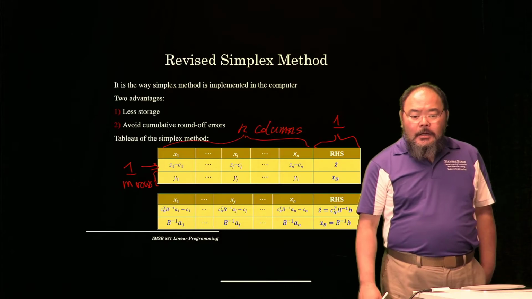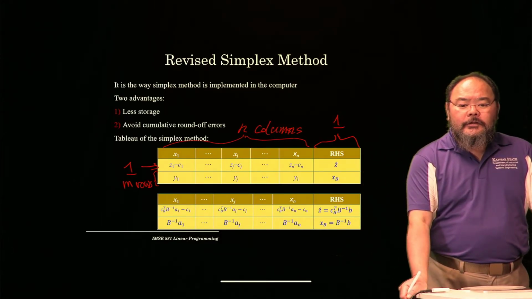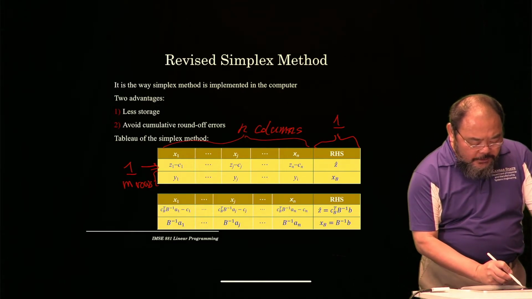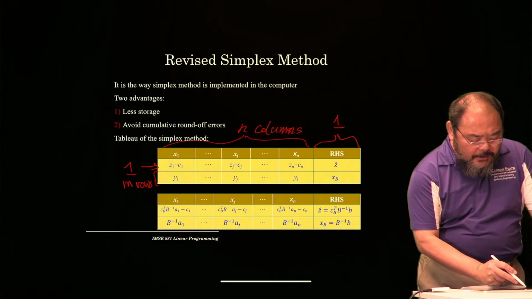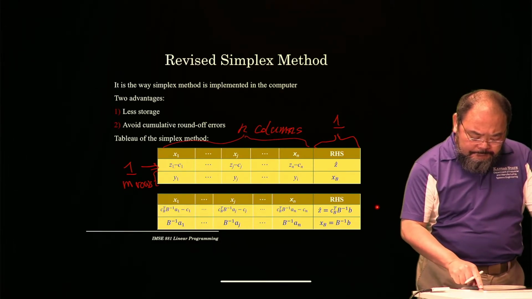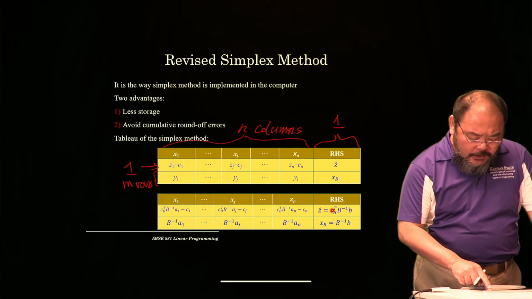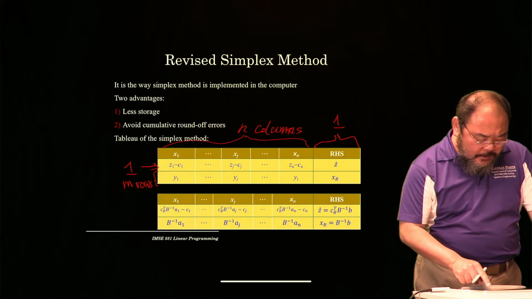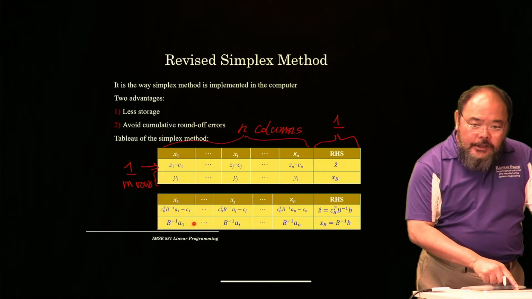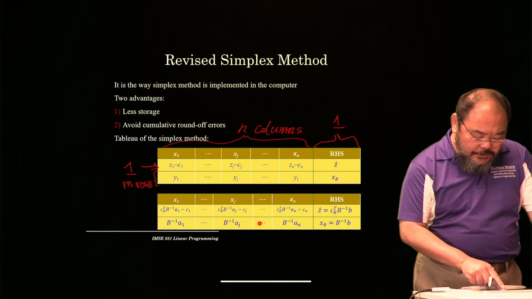And this is every single calculation we have to make for each one of the iterations. First, once we figure out the B inverse, I need to calculate Zj minus Cj for each column and the right hand side. Also, we need to recompute for each one of the columns what their yj is.